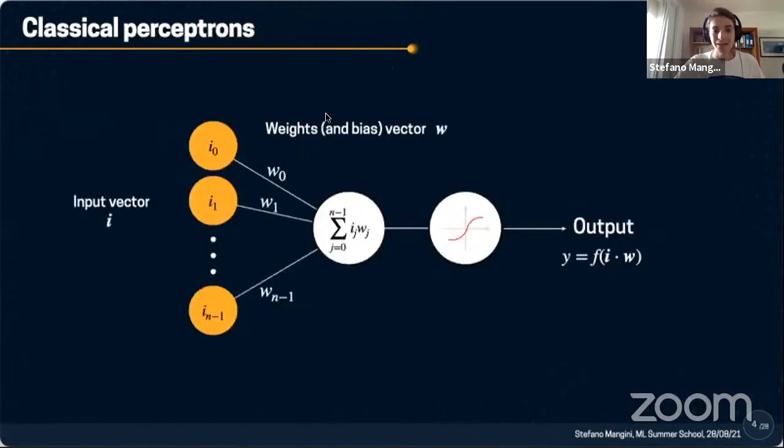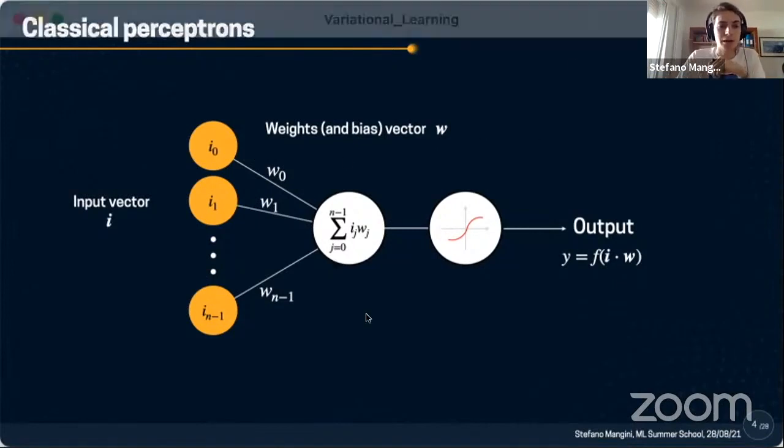So I'll start with a very brief introduction about the most basic building block of machine learning techniques, in particular the ones based on neural networks. What you see in this slide is the perceptron, the classical perceptron, which is a very rough mathematical model for a biological neuron like we have in our brains.